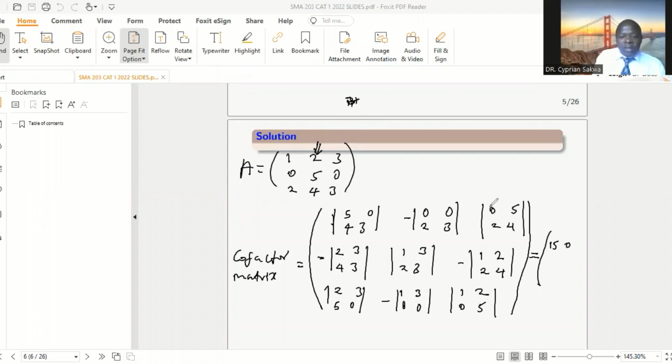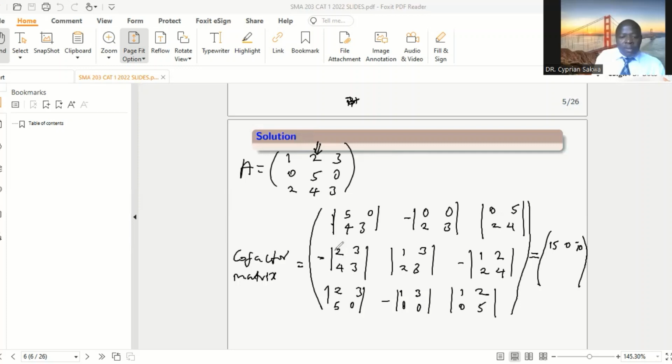And finally, this will be 0 minus 10, which is negative 10. Just write it properly in your notes. My space is too small, but it's negative 10 there.